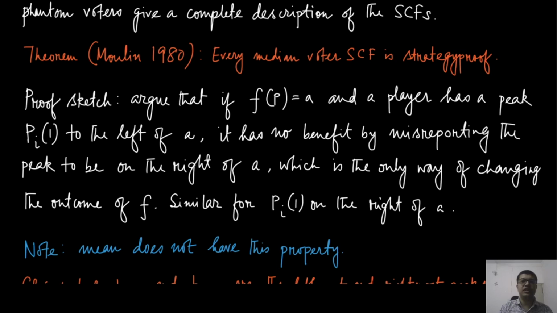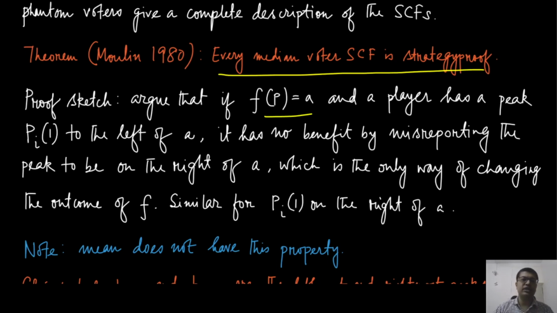Now it's not very difficult to follow this result given the discussion that we already had: every median voter social choice function is strategy proof, and the argument goes in a very similar way. You start with an outcome A, and if a player has A as its pick, then it has no reason to deviate.